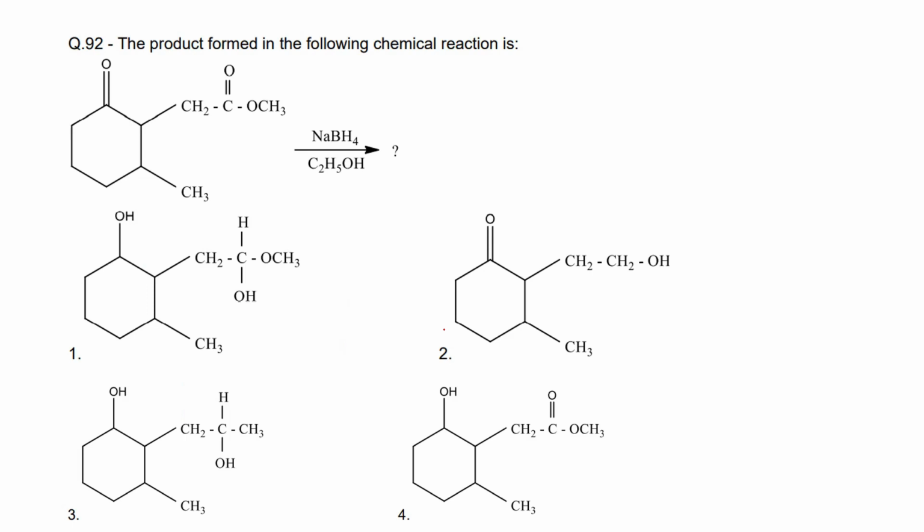And that correct answer is there in option 4. Okay, in the remaining cases, the ester was also affected. But sodium borohydride can only reduce the carbonyl group. It cannot reduce ester anytime. So option 4 will be the correct answer for this question, right?